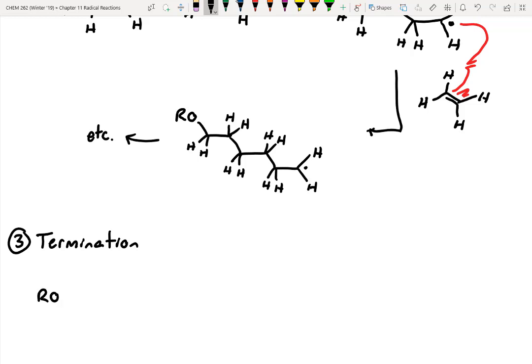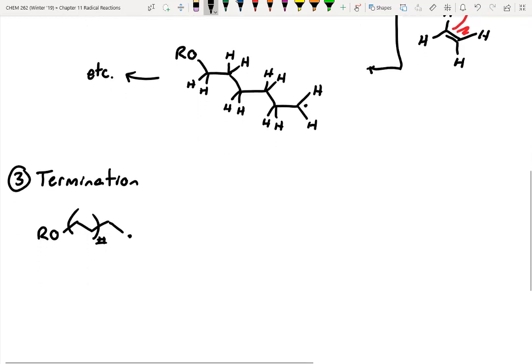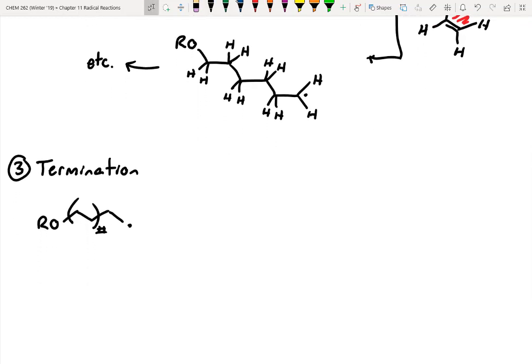So for example, we might have this repeating monomer unit where we've got some sort of chain length like this. I'm not going to draw all of the hydrogens for this one. And this could find another radical. It looks like this. And these 2 radical ends could just bump into one another and form a new covalent bond between them.